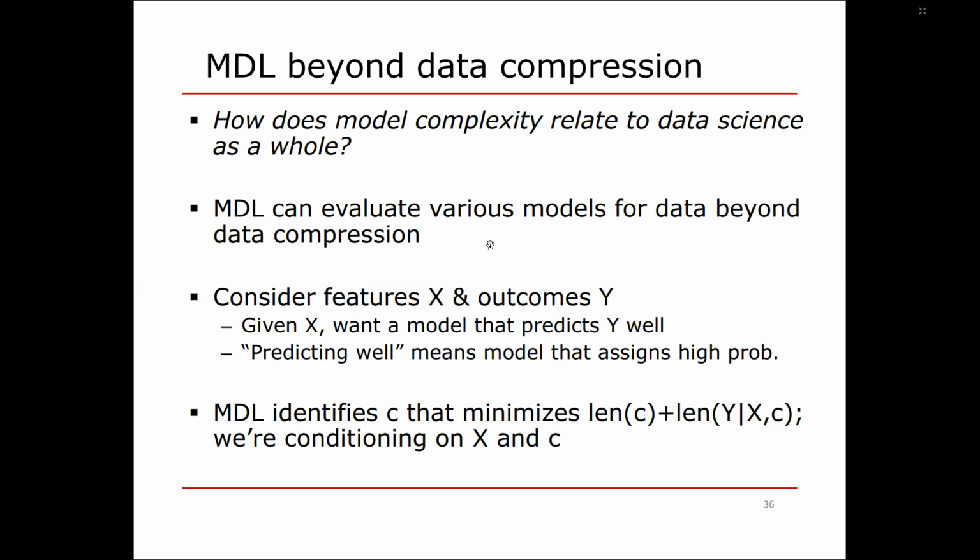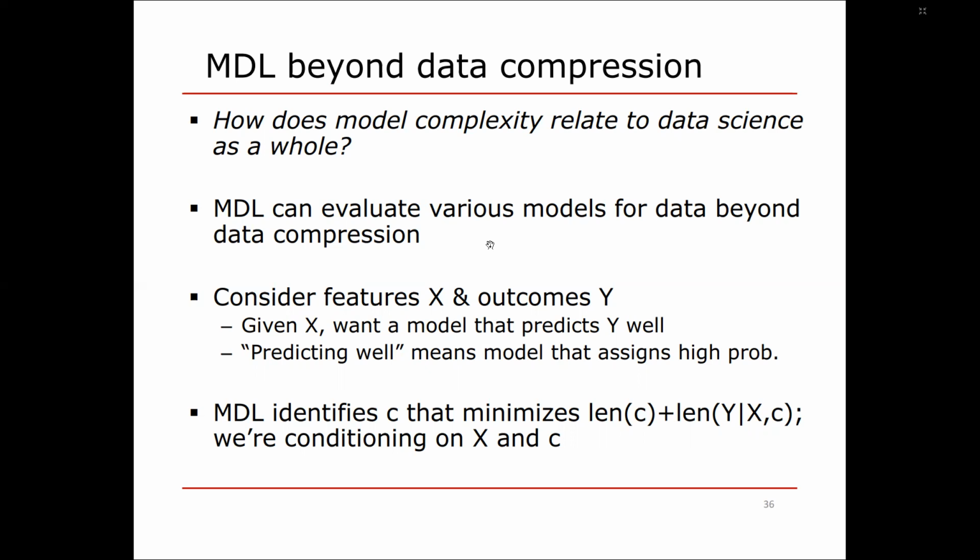We said that we have features X and outcomes Y. Given X, we'd like a model C that predicts Y well. That's what we'd like MDL to do. Here, predicting well means that we want a model C that assigns a high probability to Y, given that we know the features X.